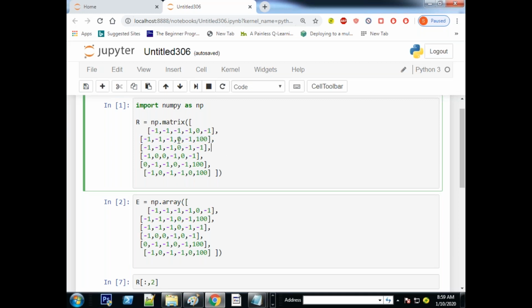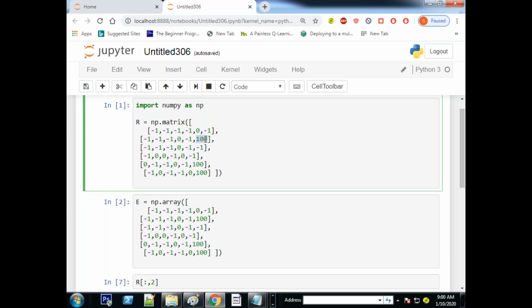Observe this. 0 is a possible action. If I am in room number 1, what actions are possible? 0, for which action? 3. And 100 is a possible action. 100 is for room number 5. Understood?